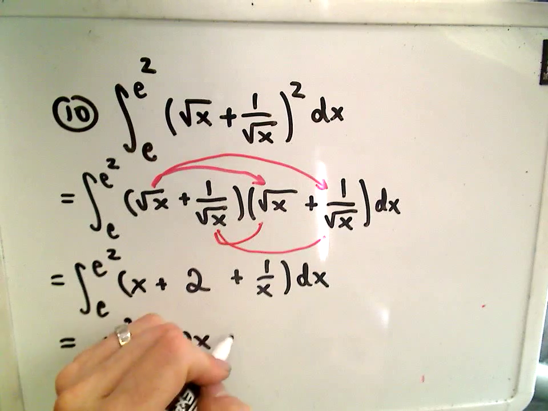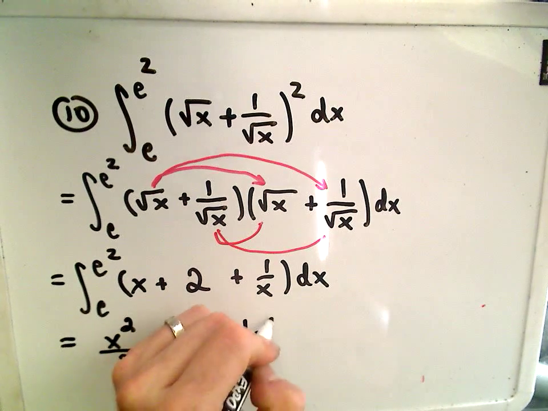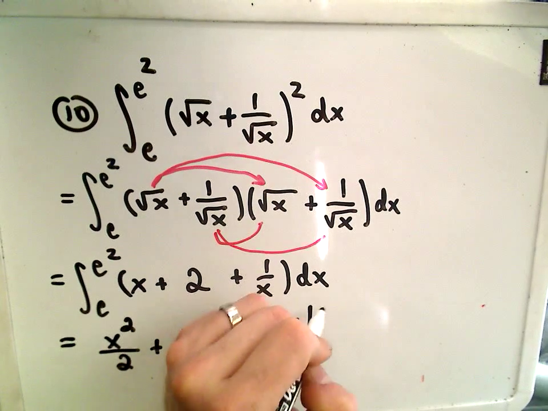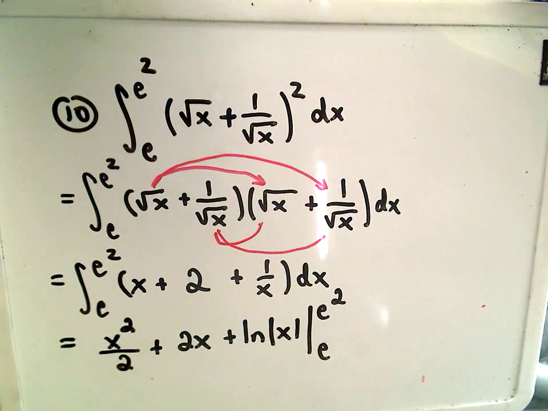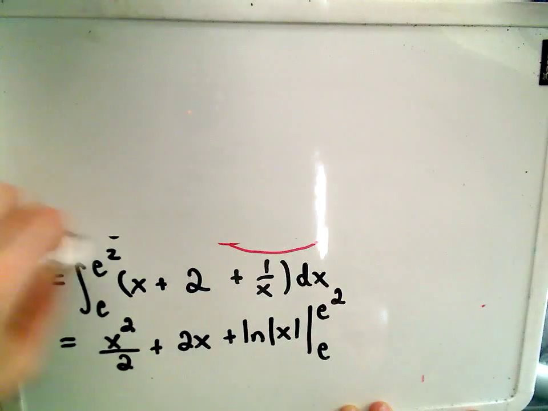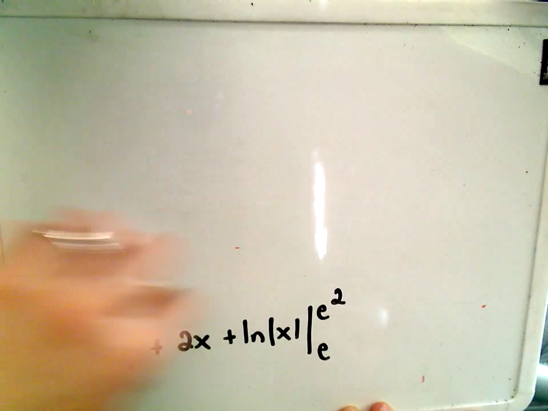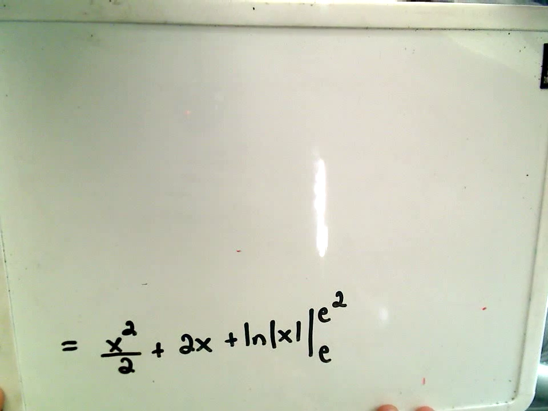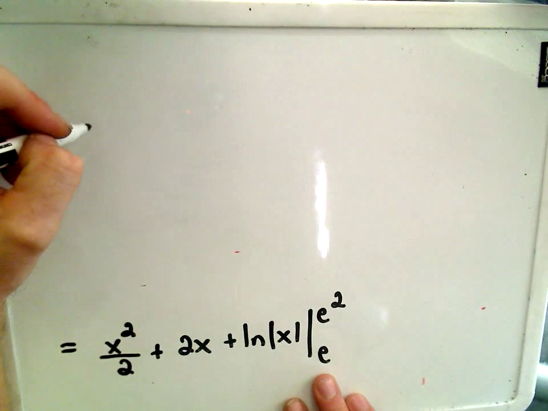And the antiderivative of 1 over x, recall, is the natural logarithm of x. We have to evaluate this from e to e squared. So now it's just a matter of plugging things in and also remembering one of the properties about how you simplify down natural logarithms and exponentials.